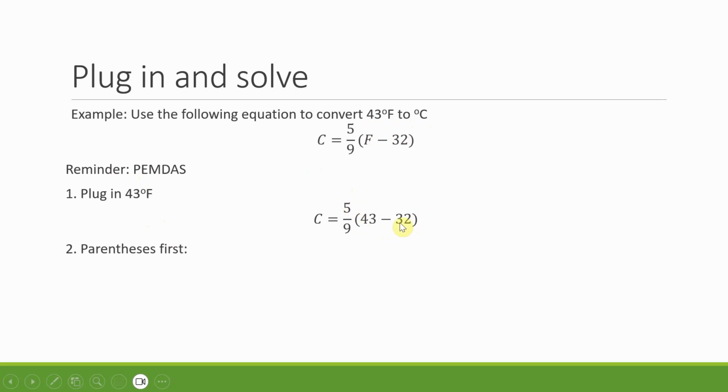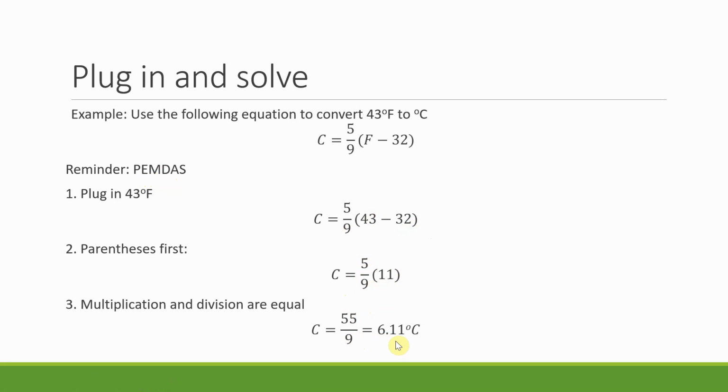I'm not going to multiply by 5 first. I'm not going to divide. I'm just going to do this stuff in parentheses. So 43 minus 32 is 11. So now I have 5/9 times 11. Then there are no exponents, so we go to multiplication and division. Those are equal. So I multiply the 5/9 times 11 and get 55/9, and that is 6.11 degrees Celsius.